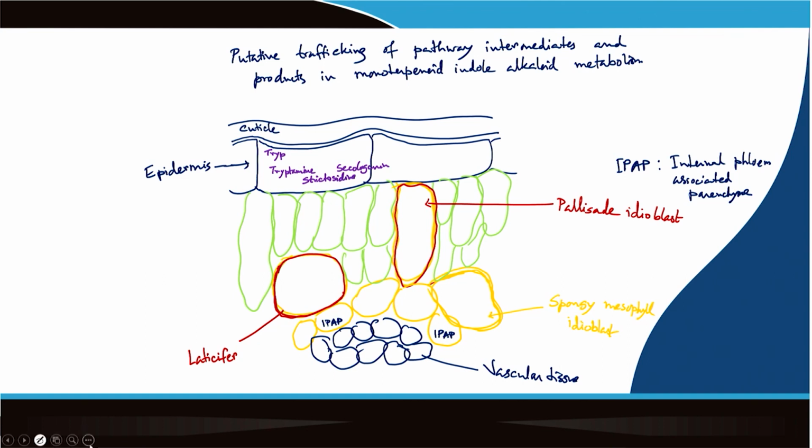Up to from there, so we write 16-methoxy tabersonine, then this moves. So, this is MIA intermediates.